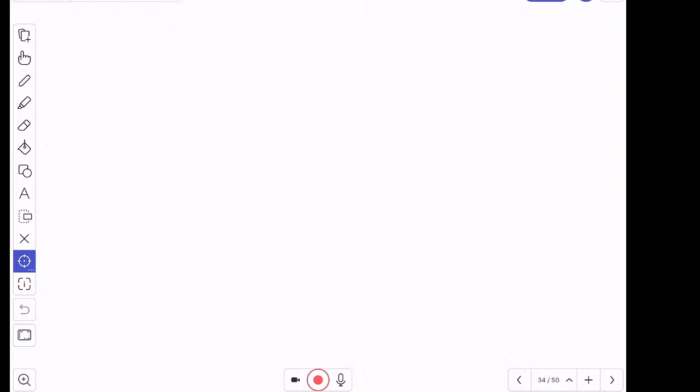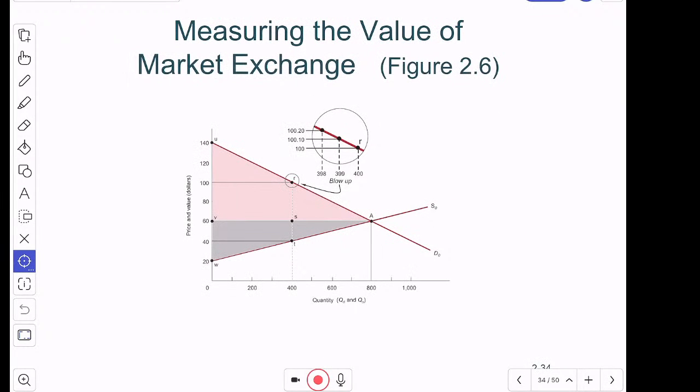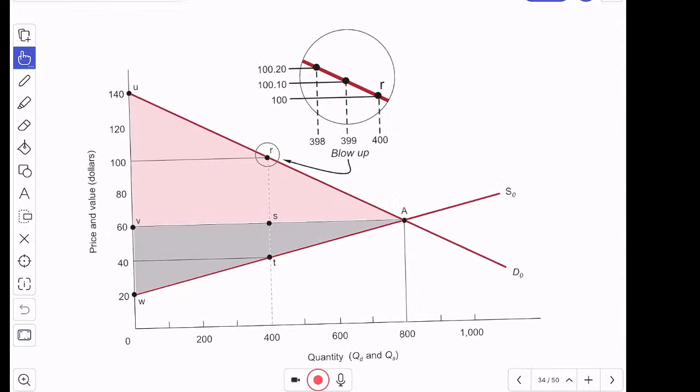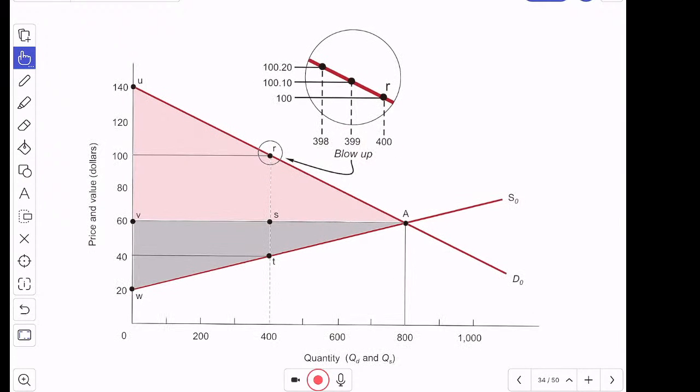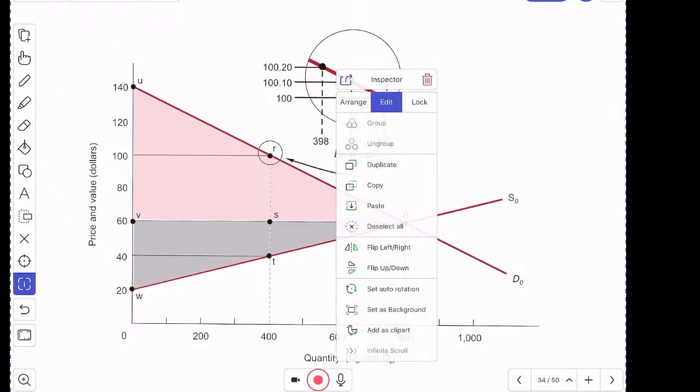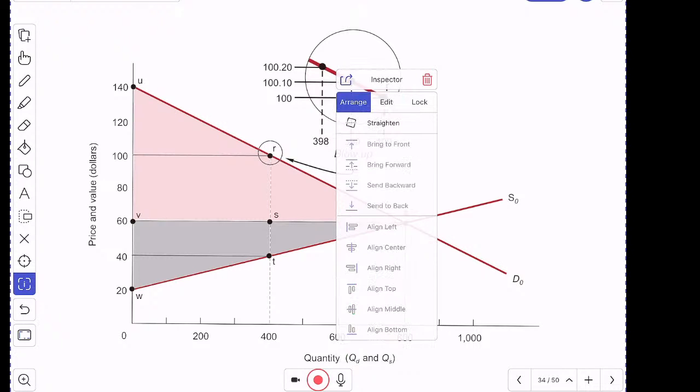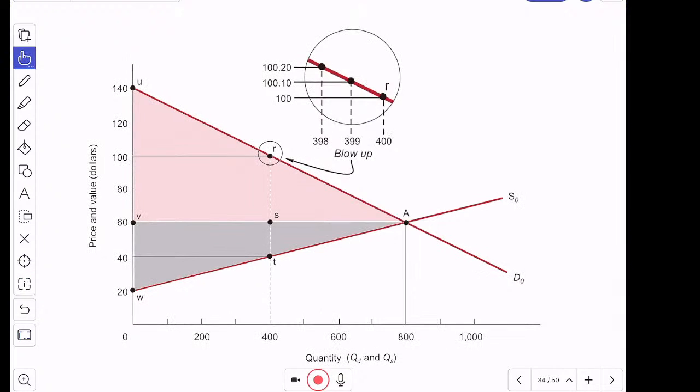And the diagram, we could begin looking at what that is, considering the consumers right here.